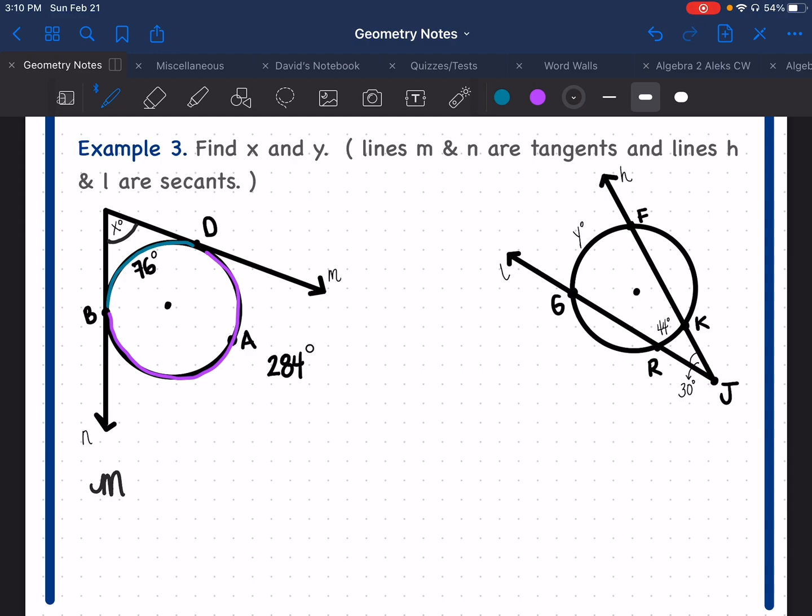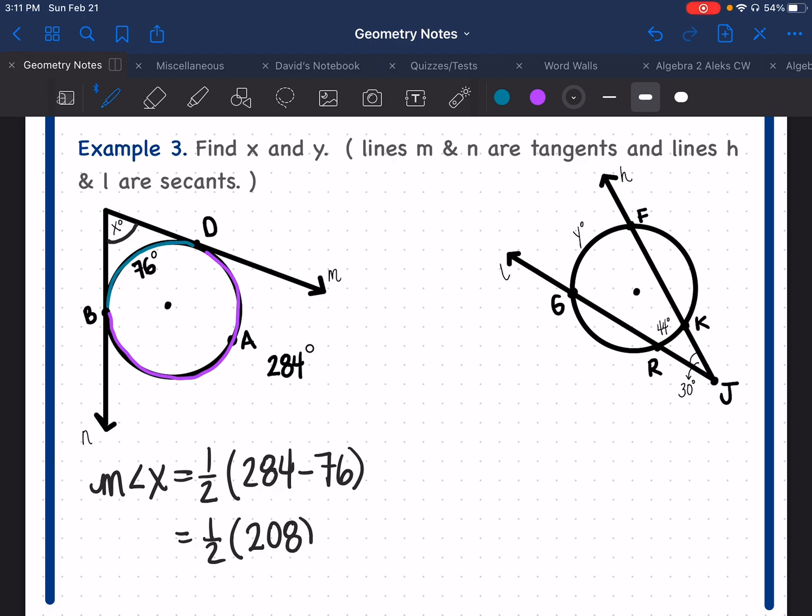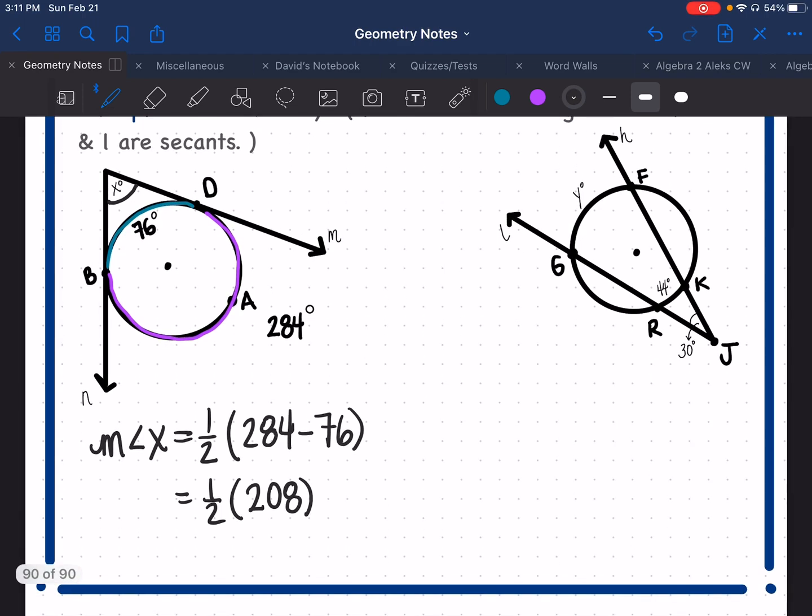So to find the measure of angle X, it's going to be half of 284 minus 76, which is 208. And remember, a half times 208 is just like dividing 208 by 2, which gives me 104 degrees.